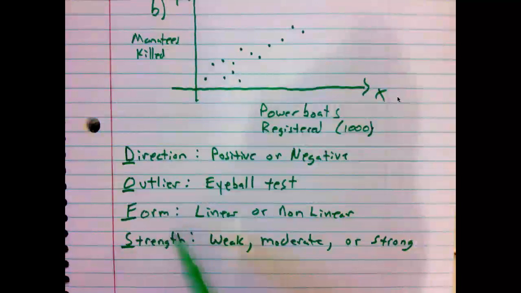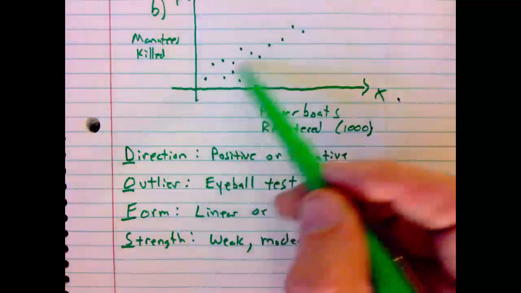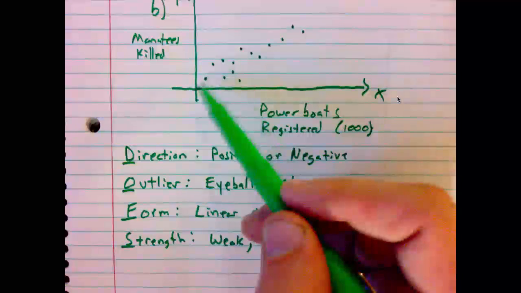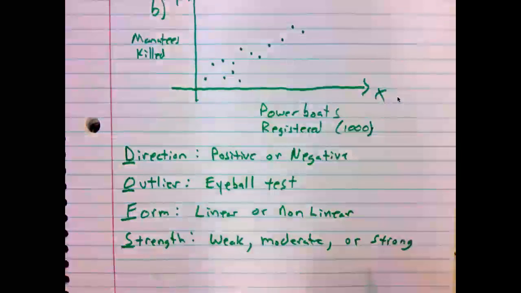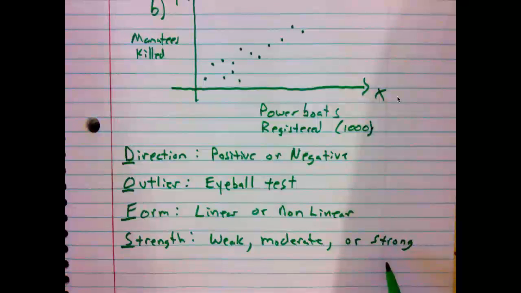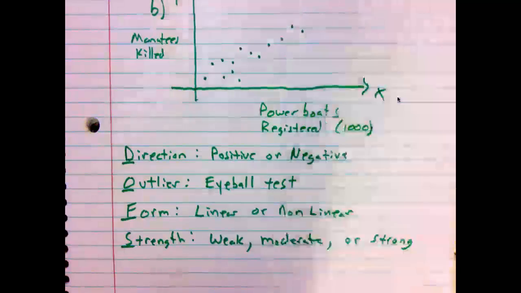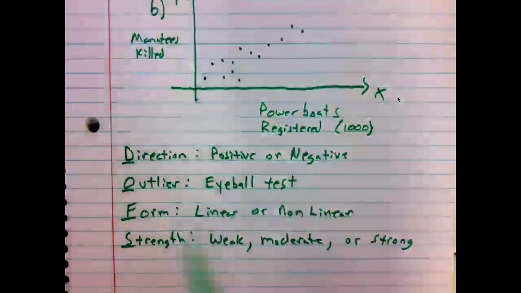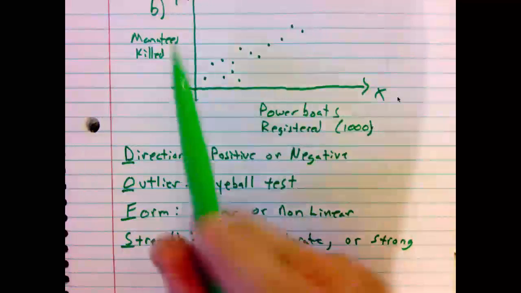The form is most certainly linear. While they don't lie exactly on a straight line, you can see that a line is the general form of the data. And strength, well, we will see more scatter plots later on, so we have a better idea about the strength. But this is a pretty strong relationship. These points are fairly tight as we move to the right and up.